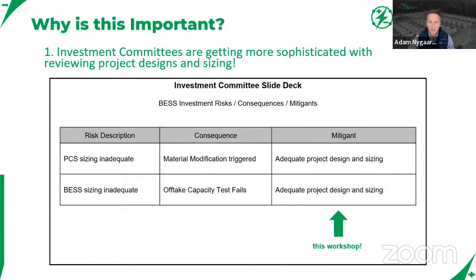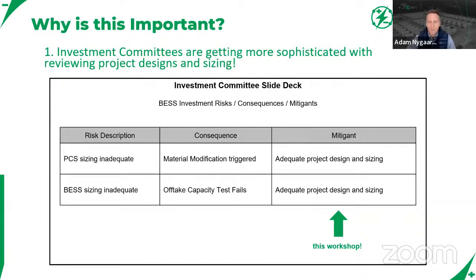Why is this important? The main thing that we're covering today is really sizing, and it's sizing for both inverters and batteries. It's going to be mostly focused on batteries. And what we're showing here is sort of, okay, you go to your investment committee and you have to show your risks and consequences. And this is a pretty rough deck. You would get left out of the room in your investment committee if you showed a slide like this.